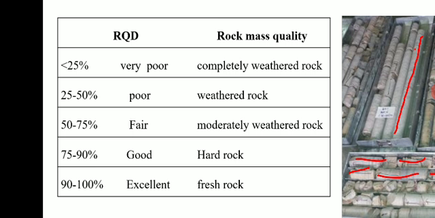And if it is 90 to 100%, then it is an excellent quality of rock, that is a fresh rock, newly exposed on the earth, or you can say a very fresh rock, newly formed, with very good quality. So for excellent rock, the RQD will be 90 to 100%.